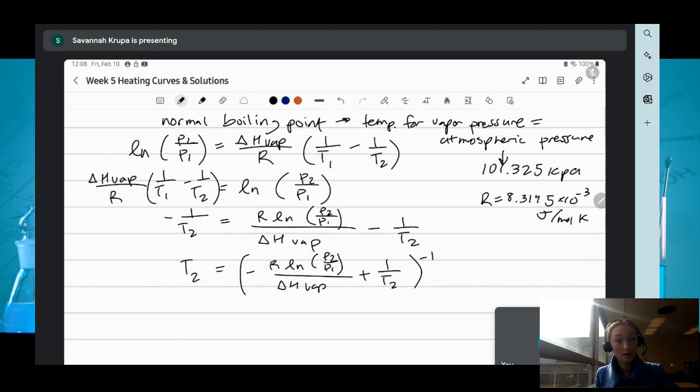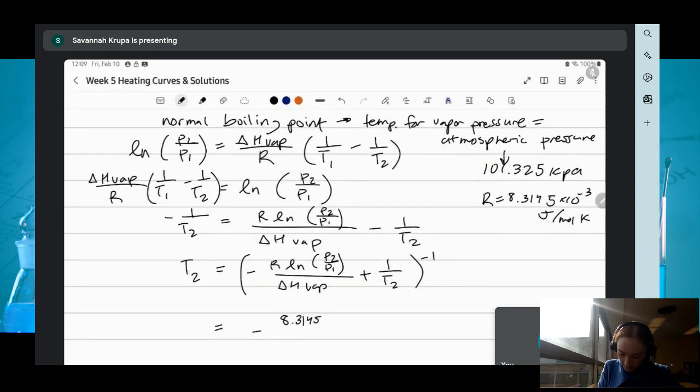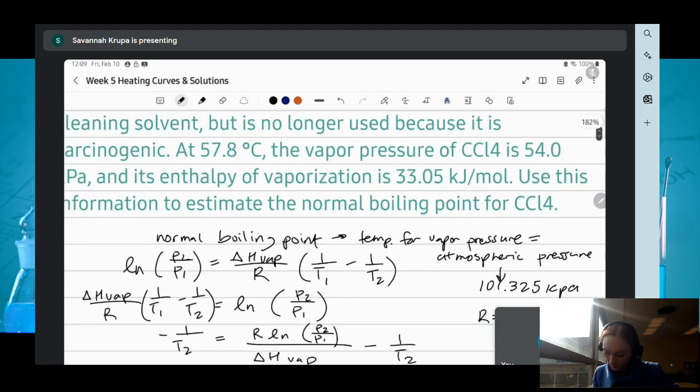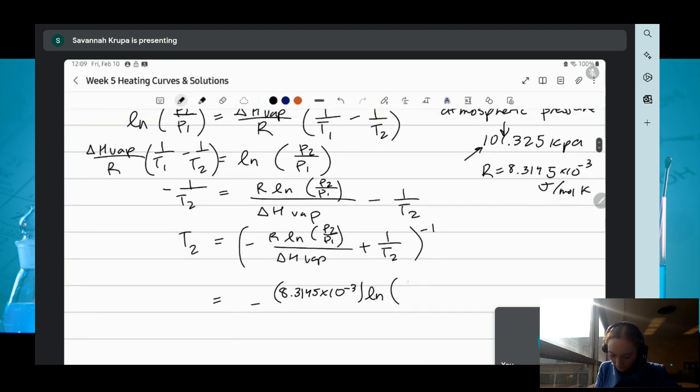So now we can just plug in all of our values and solve for T2. So like I said before, our R value is 8.3145 times 10 to the -3rd, natural log of P2, which is the P2 in our problem, which is the atmospheric pressure. And then the P1 that we have is going to be 54 from the problem, because that is what it is at first.